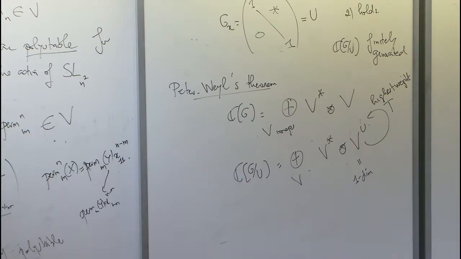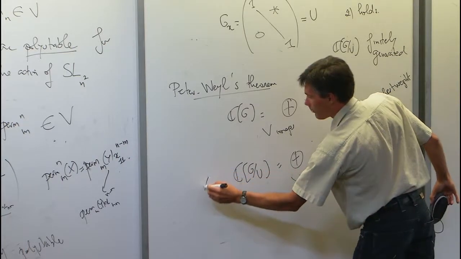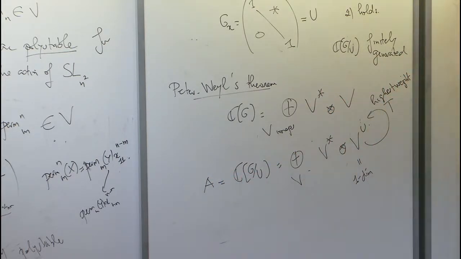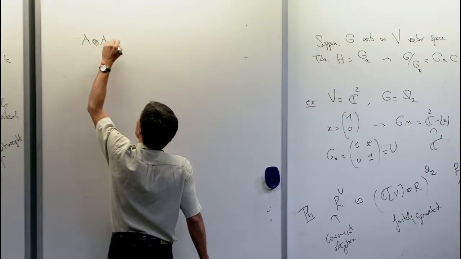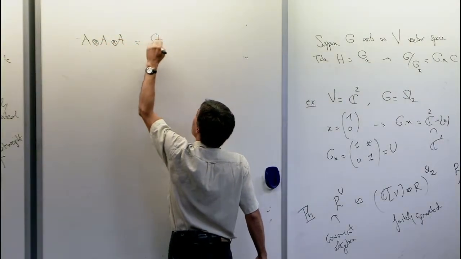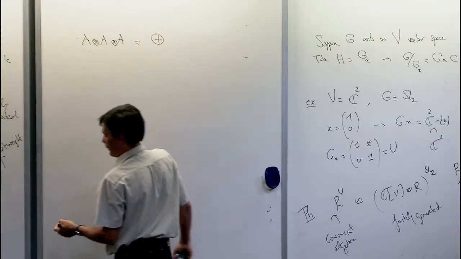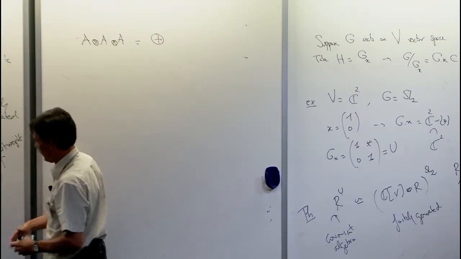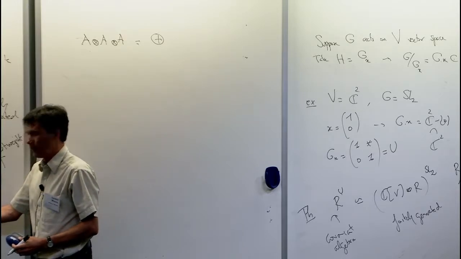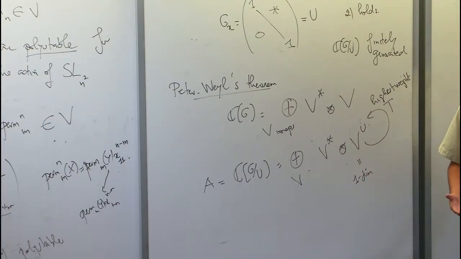As an application, let's take 3 copies of it. Let's call this A. So we look at A tensor A tensor A. A is the sum of the V's, the irreducibles, which, as I mentioned, are parameterized by combinatorial data, the highest weights. It is the sum over lambda, where lambda are all the possible highest weights, of V lambda, tensor the sum of V mu, tensor the sum of V nu.